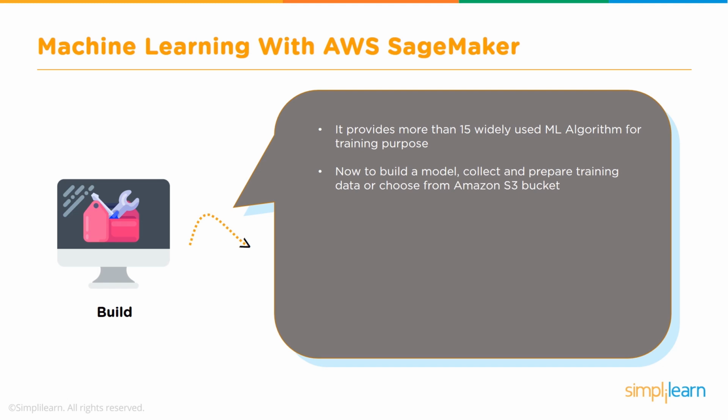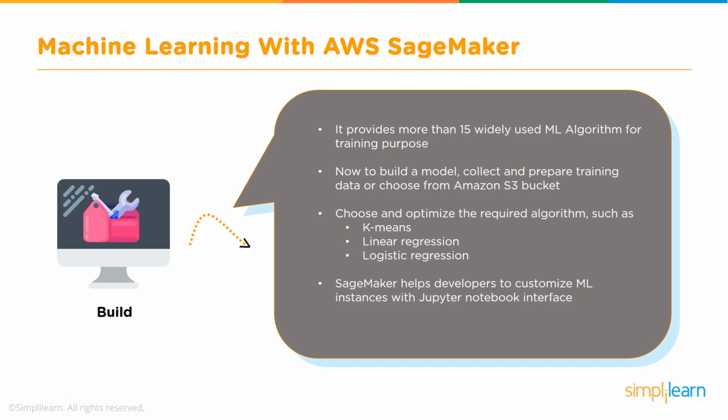To build a model, you can collect and prepare training data, or you can select from the Amazon S3 bucket also. Choose and optimize the required algorithm. Some of the algorithms that you can select are k-means, linear regression, and logistic regression. SageMaker helps developers to customize ML instances with the Jupyter Notebook interface.